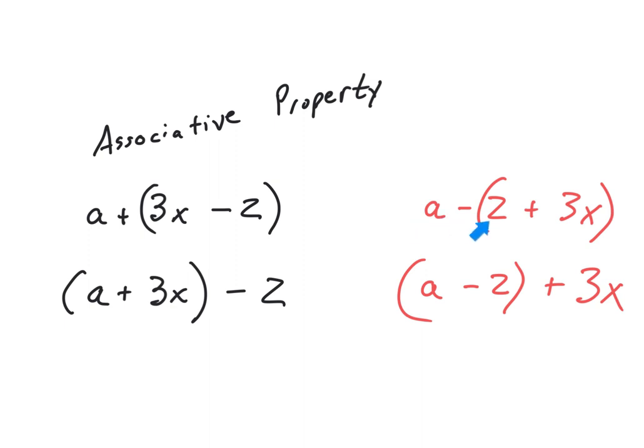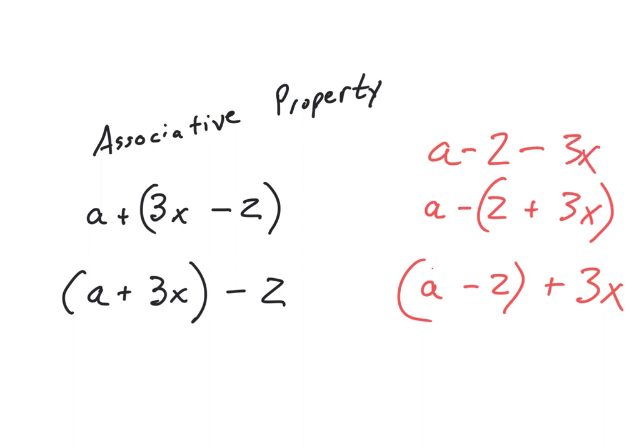We look at this one, a minus 2, or minus parenthesis 2 plus 3x, and then we moved the parenthesis to the first two. The problem here is, though, this first one and the second one are not the same. Because what's really going on in that first one is that I have a negative, so I'm subtracting the 2, and I'm also subtracting the 3x because I'm subtracting both of the things inside.